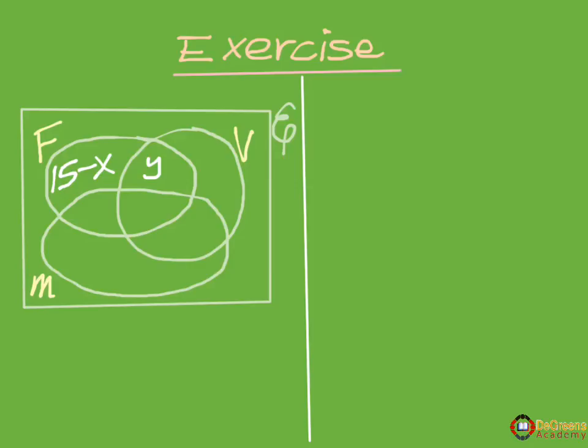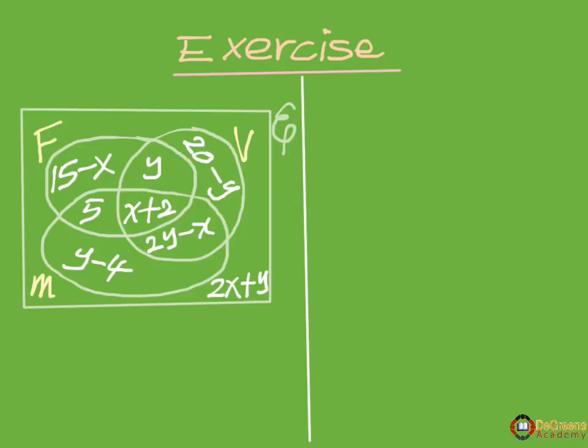We have Y, we have X plus 2, we have 5, and for the other regions, we have 2Y minus X, Y minus 4, 20 minus Y, and 2X plus Y.